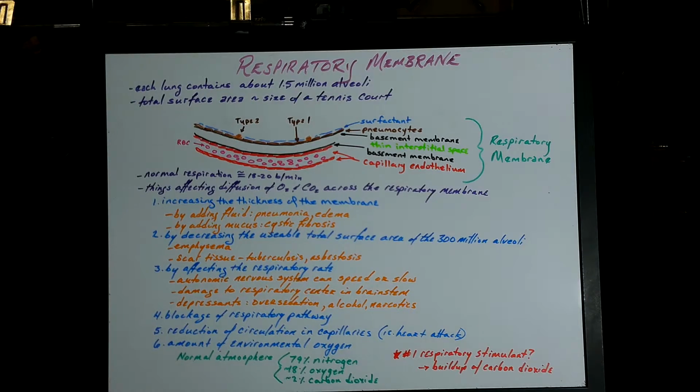It also might interest you to know, and by the way, this will be a test question, so I'll put it in red and I'll put a star by it, that the number one respiratory stimulant, the thing that excites your brain the most into speeding up your respiratory rate, is a buildup of carbon dioxide, not a depletion of oxygen, which is why if you are inside a garage with a running car and more of your hemoglobin gets tied up with carbon monoxide, you're not aware of being oxygen starved.